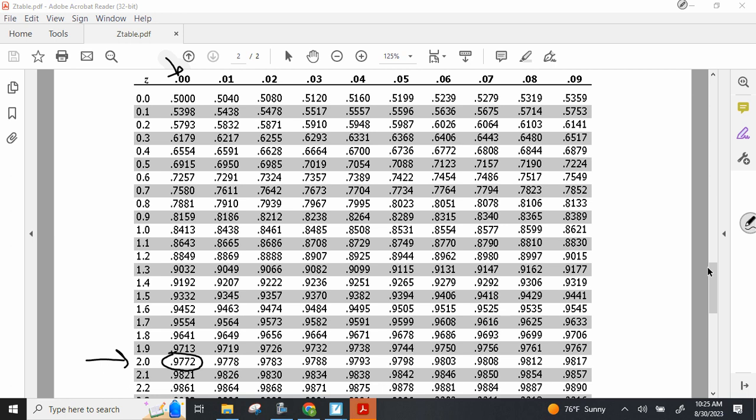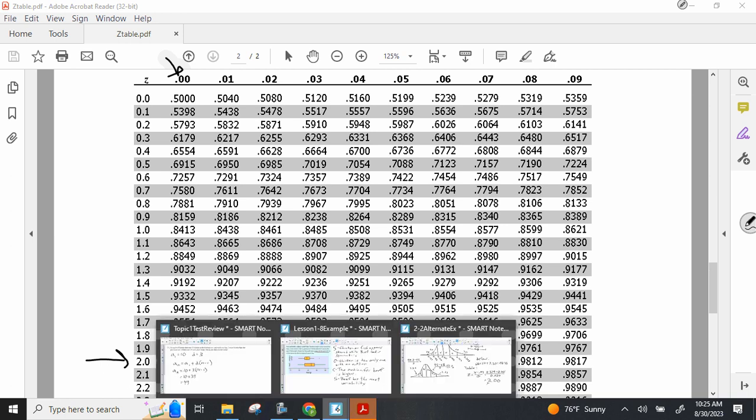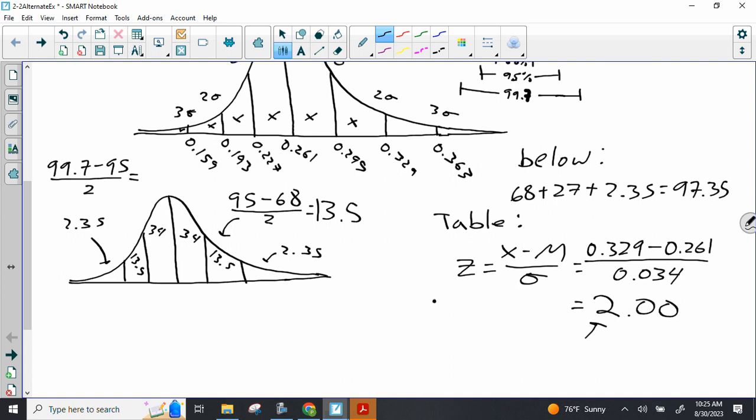This is a better answer, I should say. You're going to see our answers are going to get more exact as we go through different methods. Now, our calculator is going to give us an even more exact number.